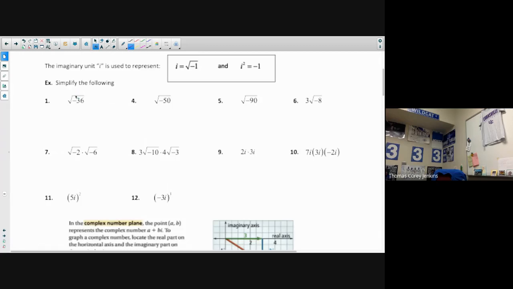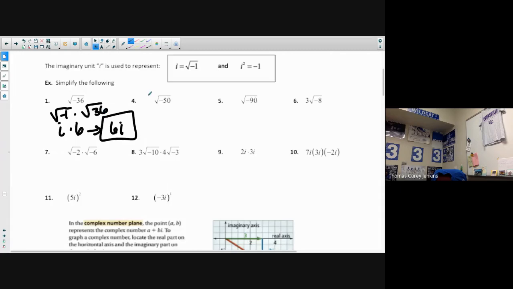We break it down into the square root of negative 1 times the square root of 36. So this is equal to i, and this is equal to 6. So i times 6. We write that just like we would a coefficient of a variable. We would say 6i.